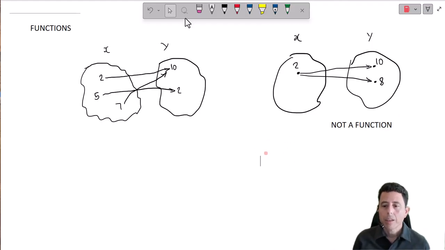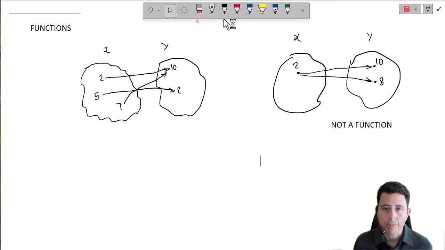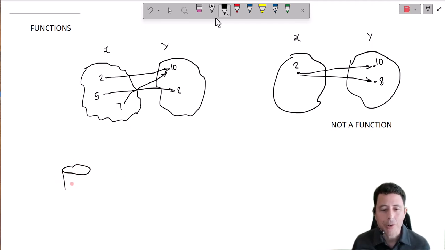Okay. So if you think about a value of x having two values of y, on a graph or in any situation, then that is not a function. Because of this idea, we can view functions as sort of like input-output machines.